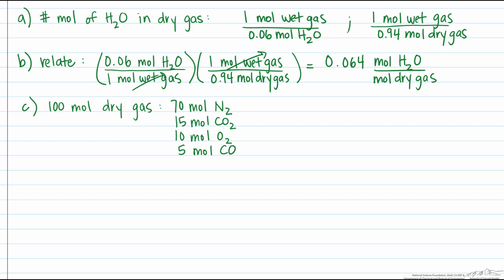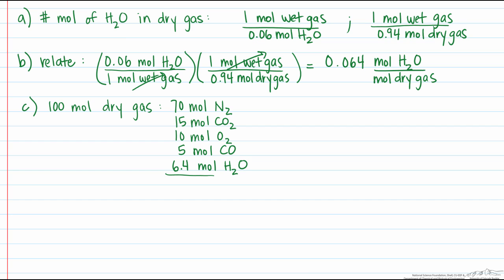But if you remember, we have 0.064 moles of water for every 1 mole of dry gas. So for every 100 moles of dry gas, we're going to have 6.4 moles of water.